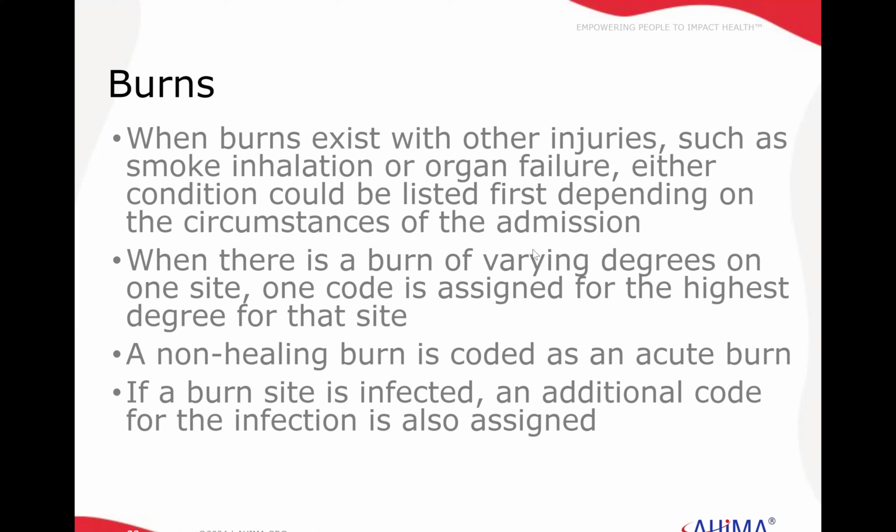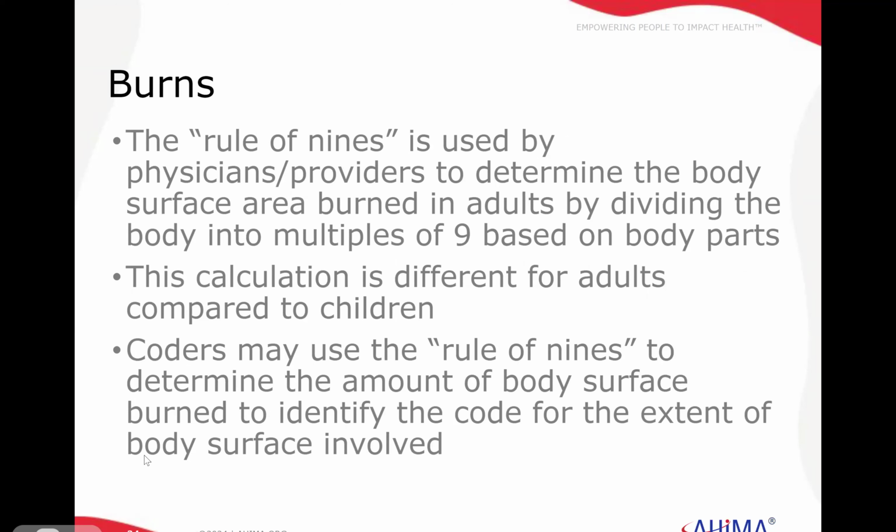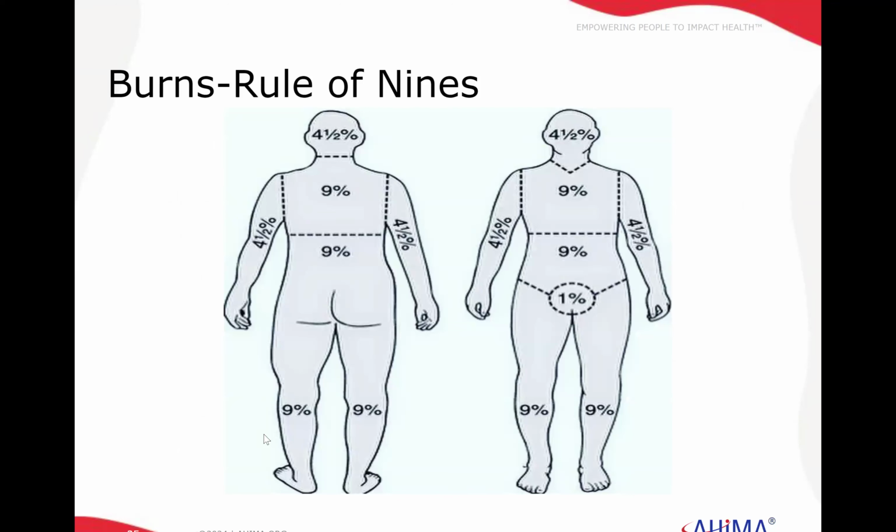If a burn is infected, we're also going to code for the infection. And again, the rule of nines is something that you probably saw in disease process. And rather than talk about it, I'll give you the visual. And here's the rule of nines.